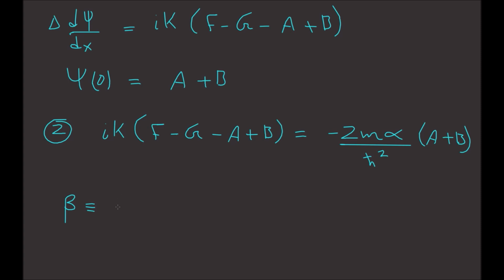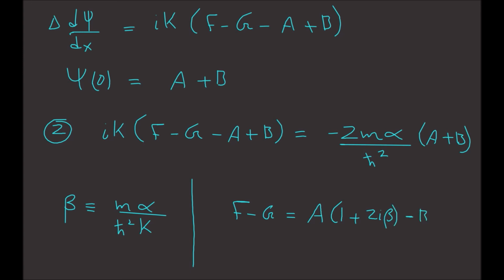Beta is equal to mass times alpha divided by h bar squared times k. With this new variable, we have our equation F minus G equals A times 1 plus 2i beta minus B times 1 minus 2i beta.